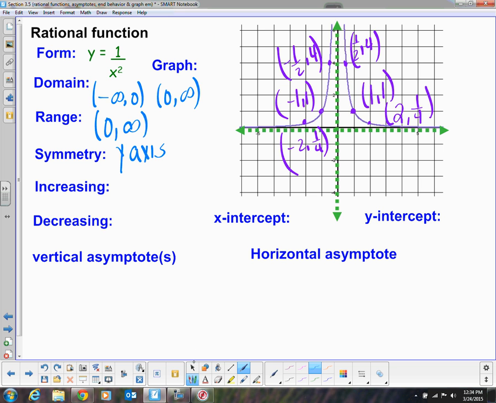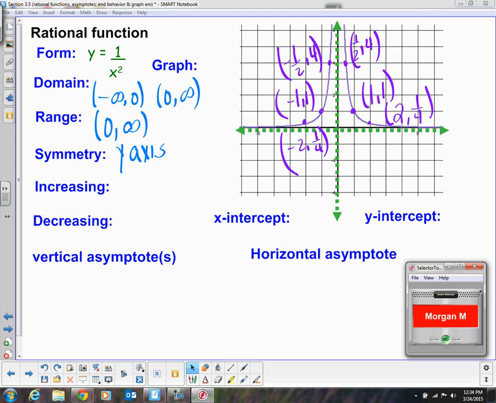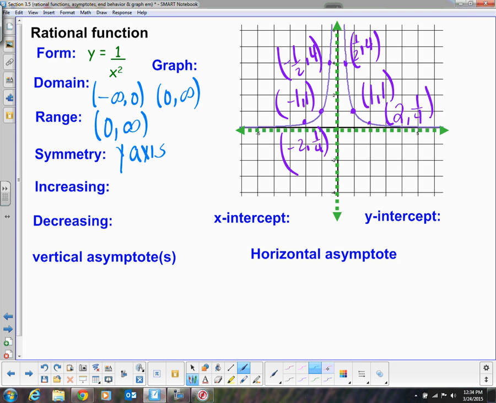Gotcha. Okay, increasing, decreasing, increasing first. Where is this graph increasing, Gianna? Left to right. When is your pencil going to go up as you trace? Higher. Further this way. Because it goes that negative. It keeps going.